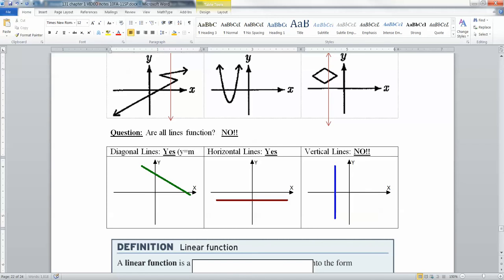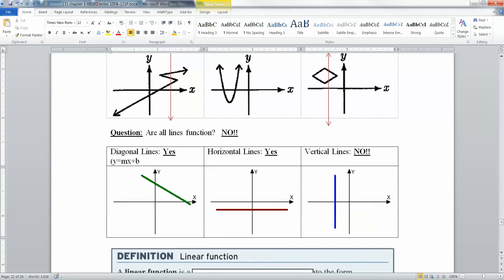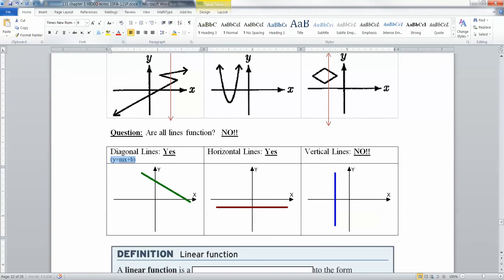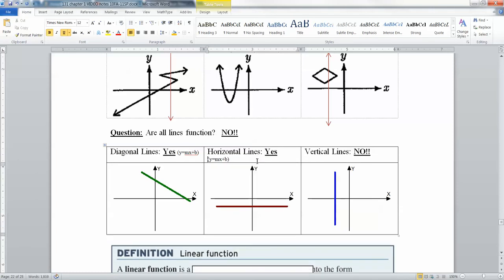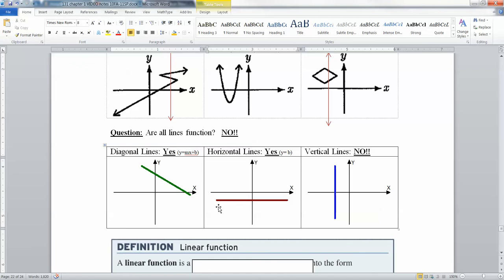So y equals mx plus b is a function, no trouble, as long as m and b are numbers, everything's great. Okay? So because no vertical line would ever hit them more than once. Horizontal lines, similarly, are also okay because if it's a horizontal line, then a vertical line would only hit it once.